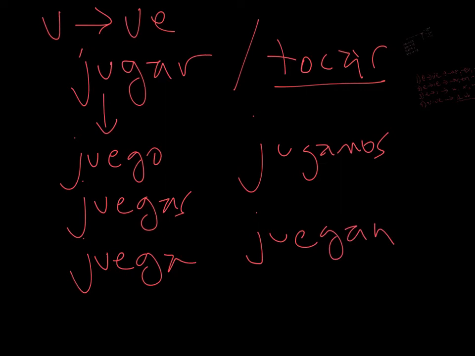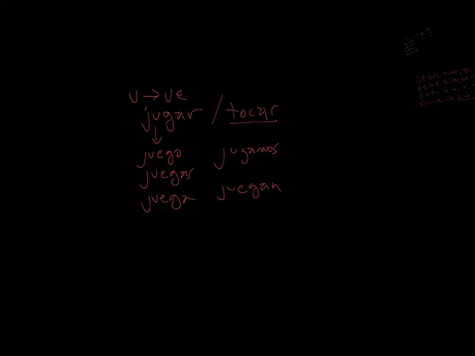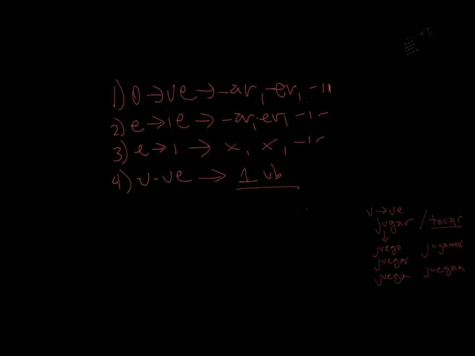All right, what happened here? Jugar became juego, juegas, juega, and juegan. Notice that jugamos didn't change. So stem-changing verbs are going to have a stem change for everybody except nosotros.